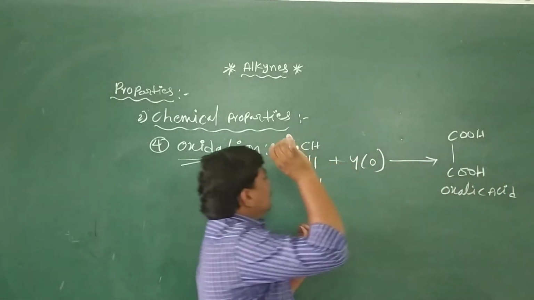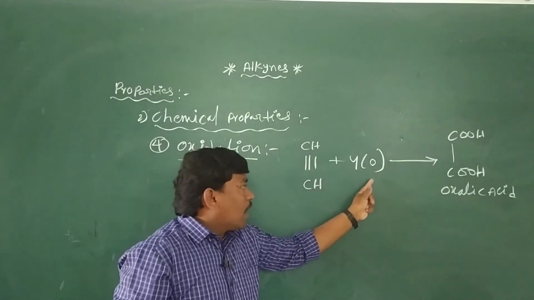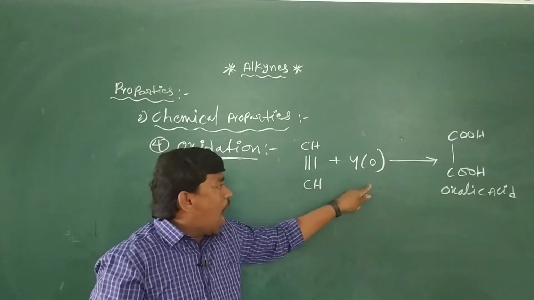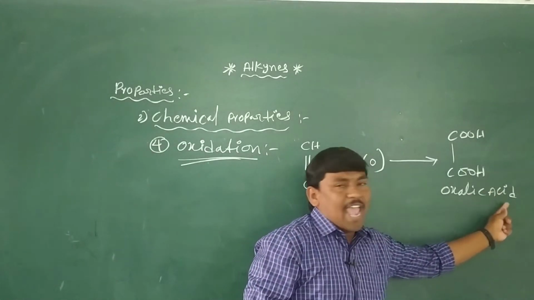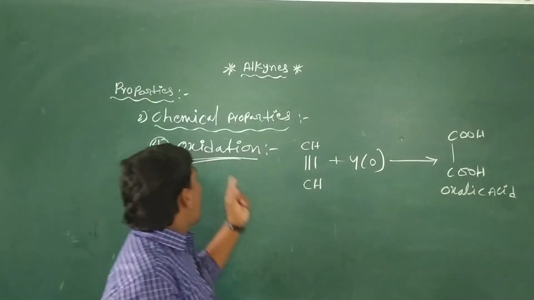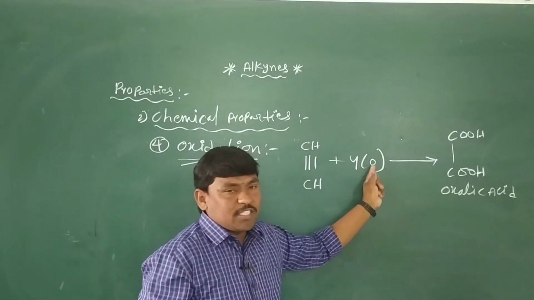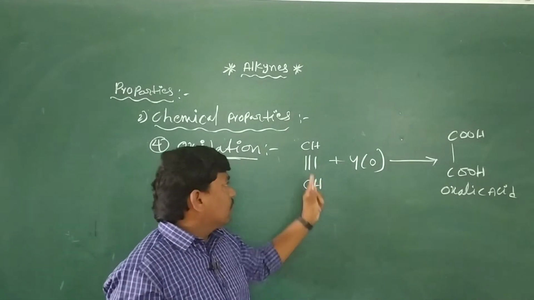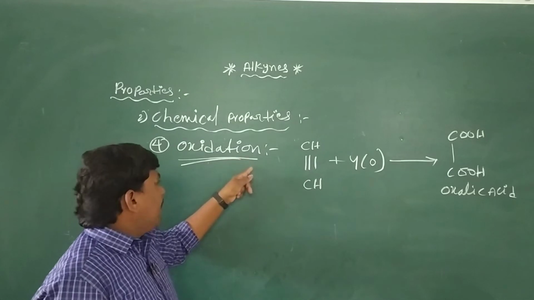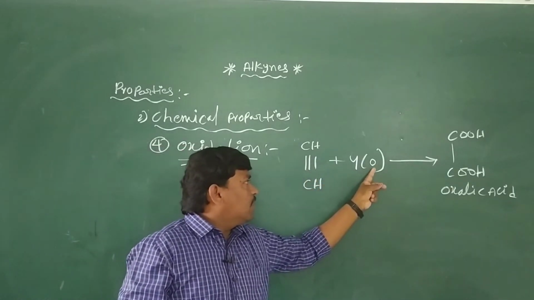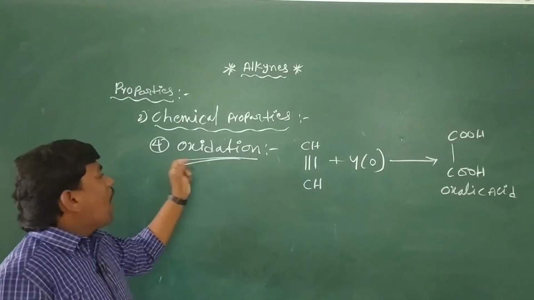So the alkyne adds oxygen to give oxalic acid. This reaction is an oxidation reaction, with 4 moles of oxygen added to the alkyne compound. Oxidation means addition of oxygen.